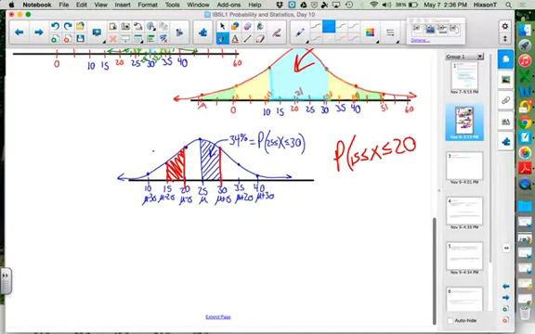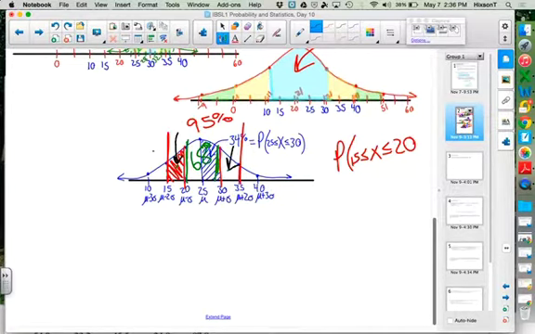Think about this. If from here to here is 95%, and I know that from here to here is 68%, how much does that leave for these two parts? That leaves 27%. That has to be split up evenly here and here.